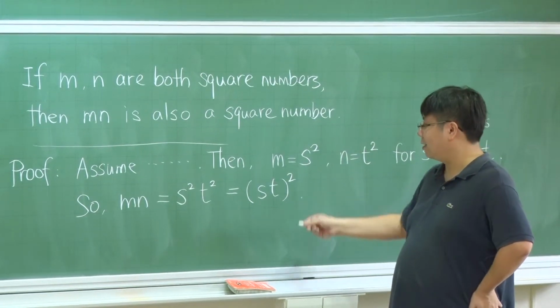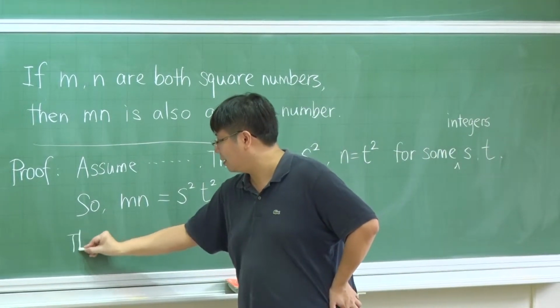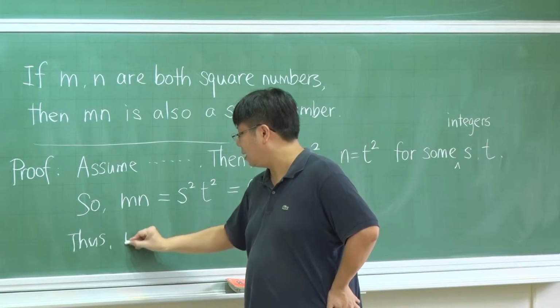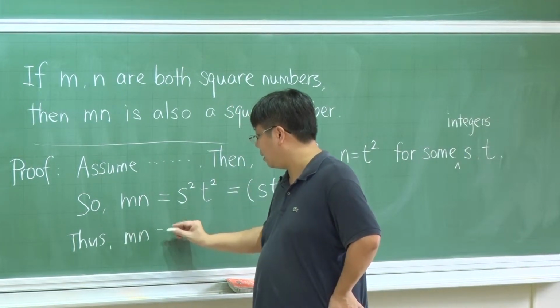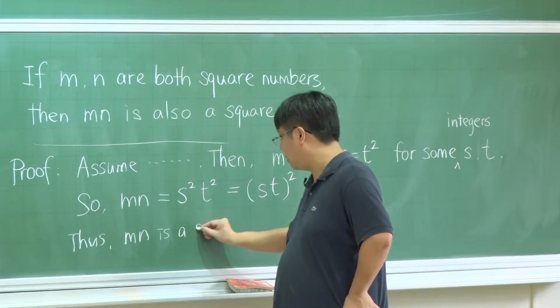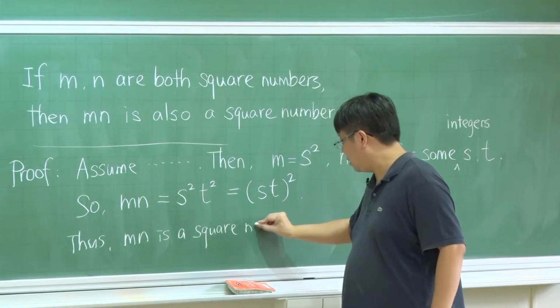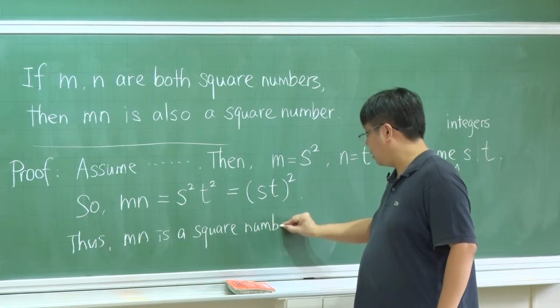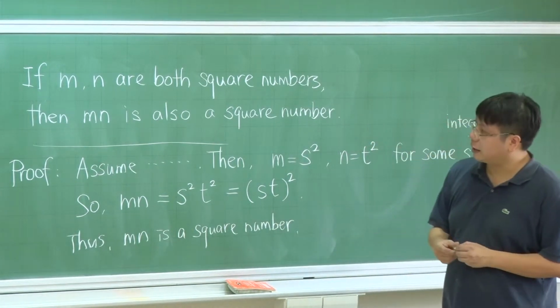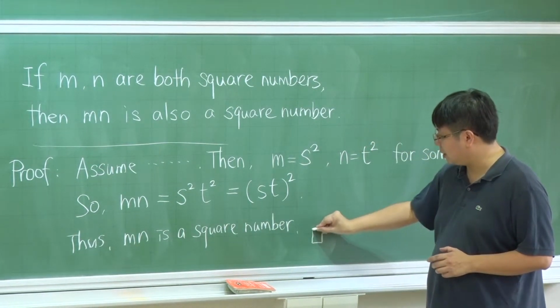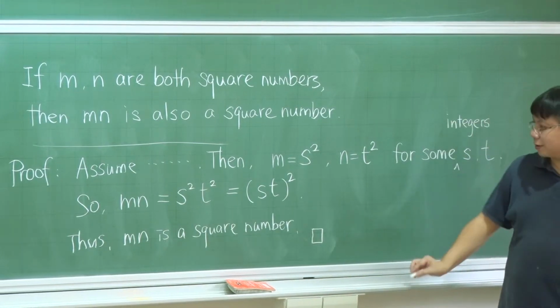Okay, then done. Thus mn is a square number. And this is the end of the proof. Nothing else we need to do.